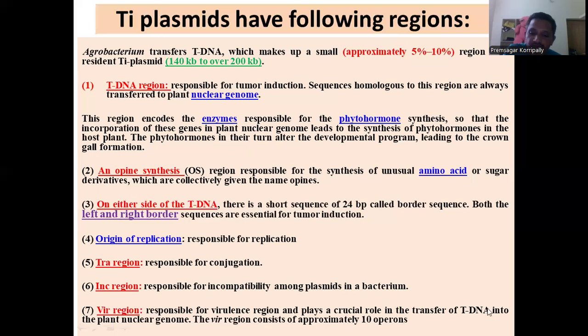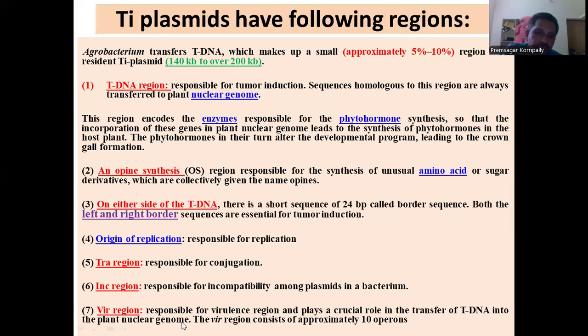So you can see the T-DNA. The vir region consists of approximately 10 operons. So in a nutshell, there are seven important elements which are essential for every function, and especially the vir genes are important for the transfer of T-DNA from bacteria to the plant cell, and the T-DNA containing regions are involved in the development of crown gall disease.